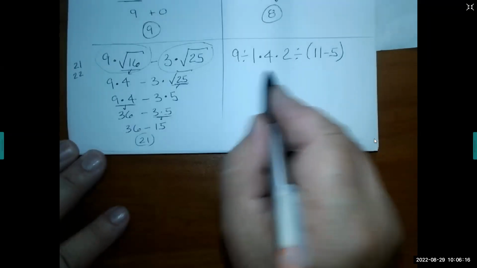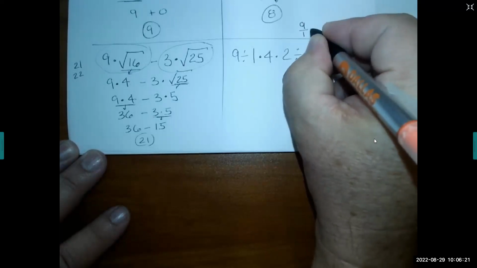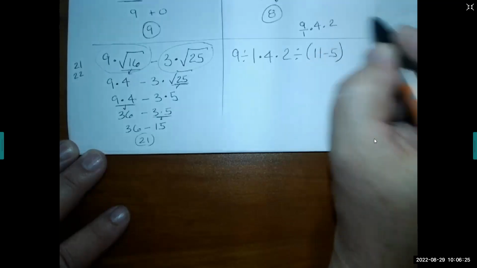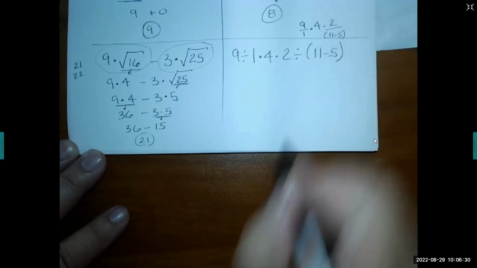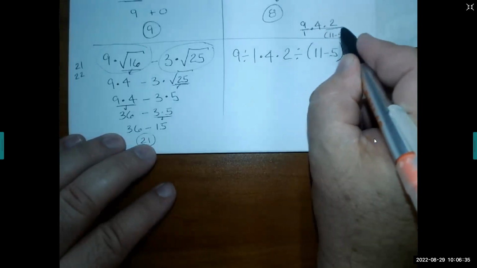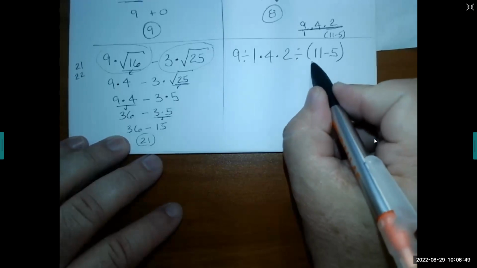This equation would look like this: 9 divided by 1 times 4 times 2 divided by 11 minus 5. It's all one big term. Since they're all multiplied together, it's one big term. But when we solve these things, we still have to do the order of operations. Special operations, we do this first.